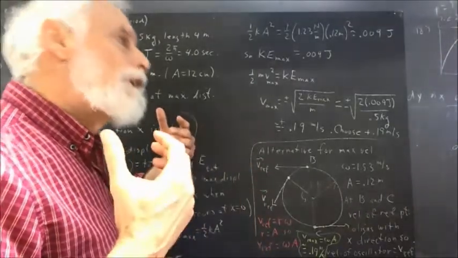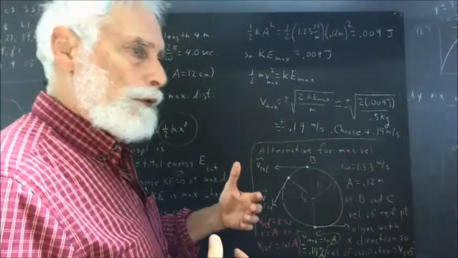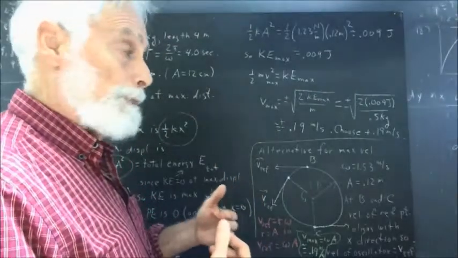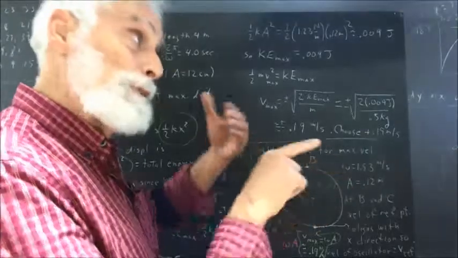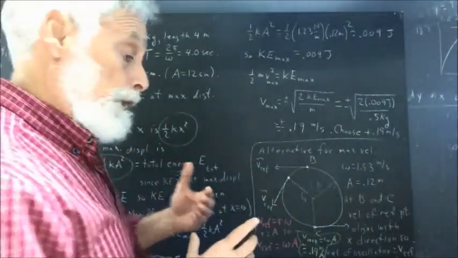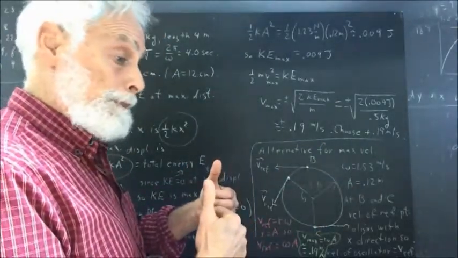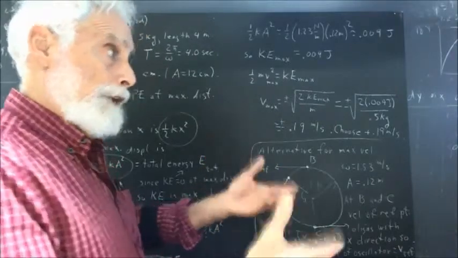So the conservative restoring force is doing negative work on the pendulum, exerting a force this way when the pendulum goes this way, so that the net force on the pendulum and its displacement are in opposite directions.